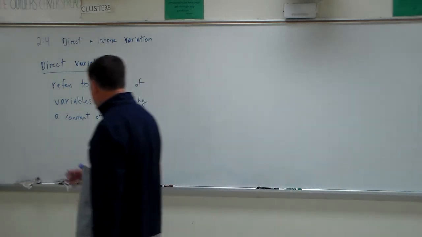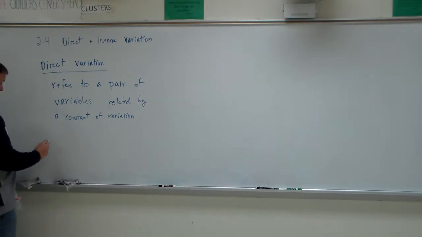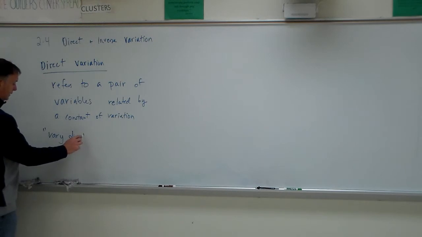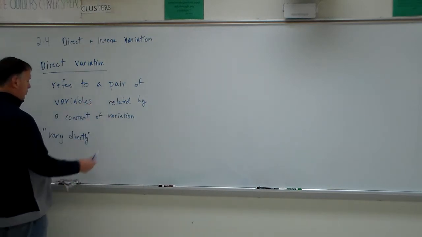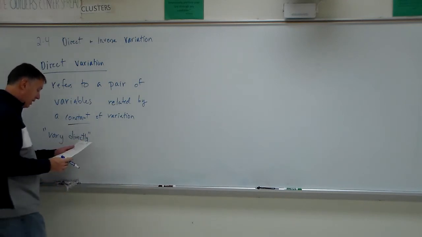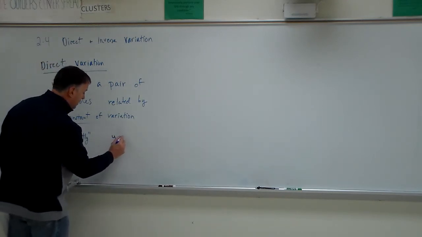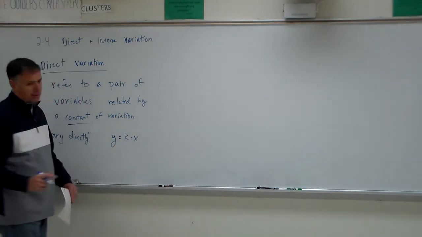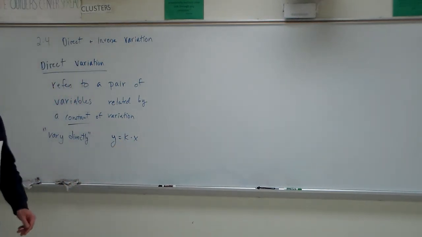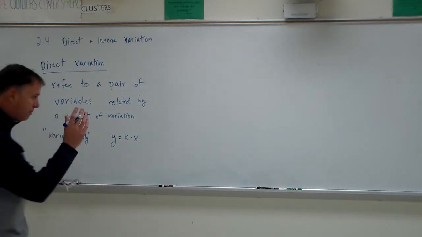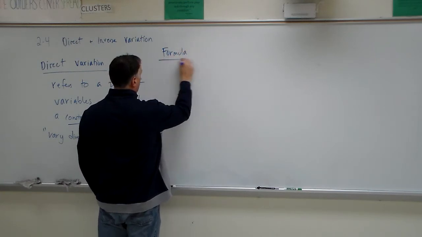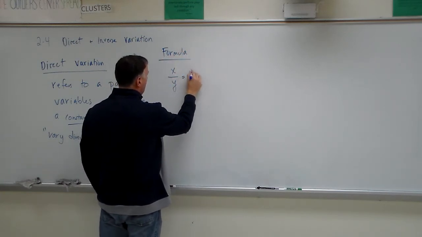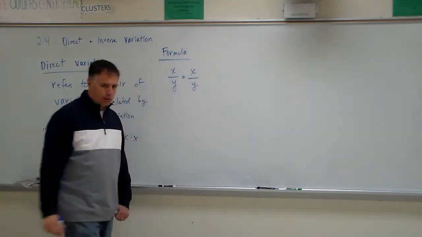So when they say that they vary directly, okay, direct variation, vary directly, refers to a pair of variables related by a constant. They would say something like this: y equals k times x. The formula for direct variation is x over y equals x over y, okay?